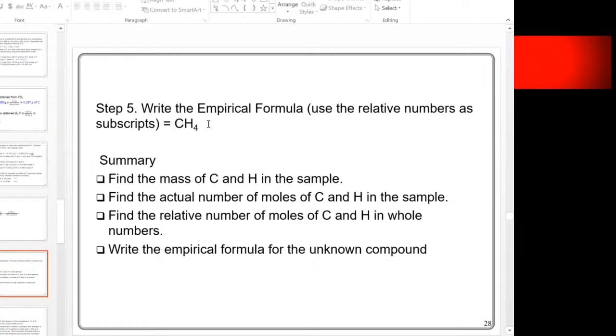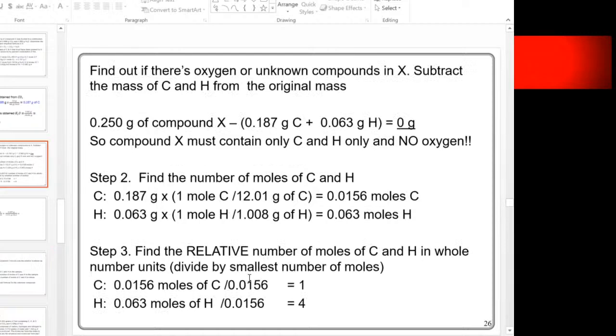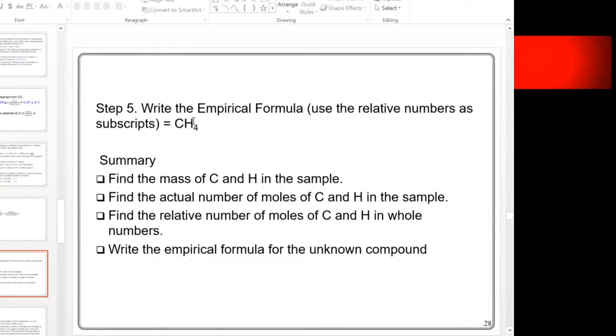Remember, our compound has only carbon and hydrogen, and the mole ratio has been determined as carbon is 1, hydrogen is 4. So our formula now is CH4. These are the basic steps you need to follow when calculating empirical formula.